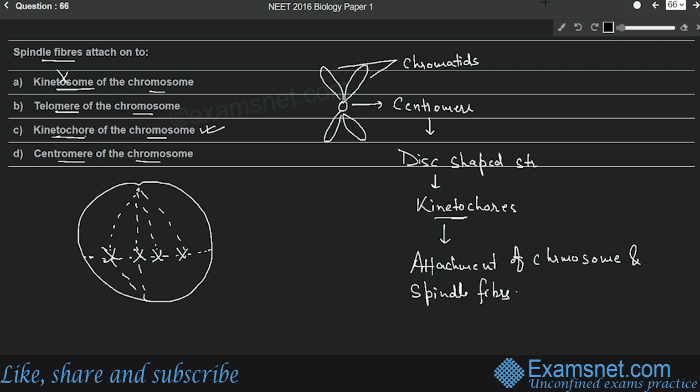Okay, so this is the metaphase of the cell division, metaphase. And during anaphase, these chromosomes start moving towards the poles with the help of these spindle fibers. Okay, and these spindle fibers are attached onto the kinetochore of the chromosome. So option C will be the correct answer.